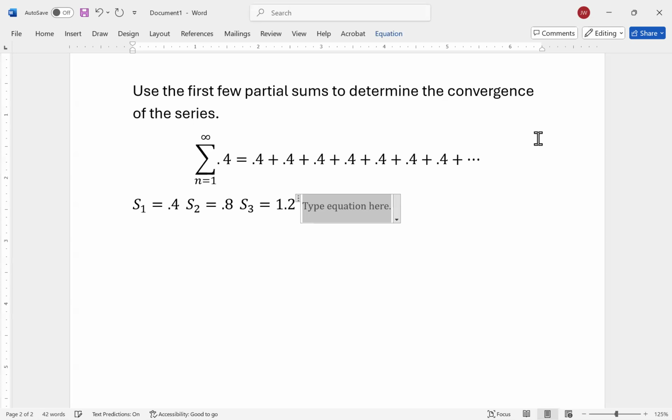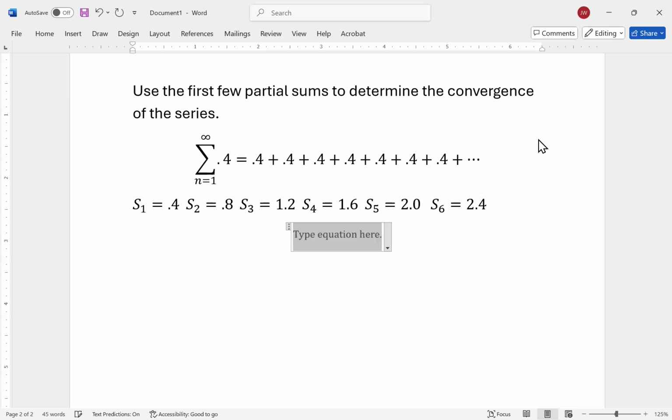The fourth partial sum is 4 0.4s added together. That's 1.6. The fifth partial sum is going to be 2.0. The sixth partial sum is going to be 2.4. Again, we're just adding 0.4 over and over and over.